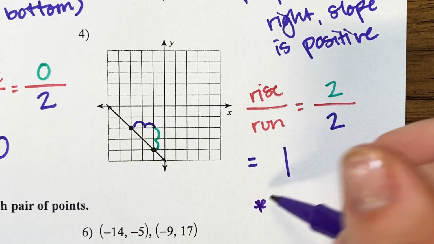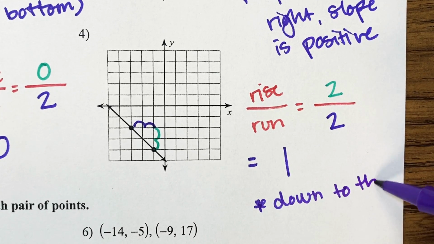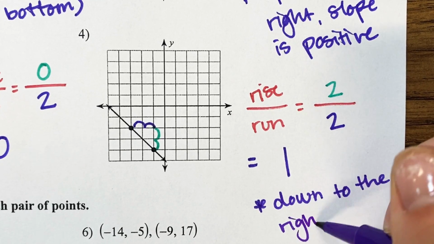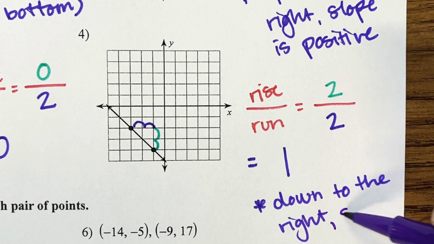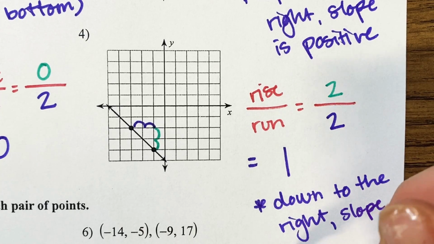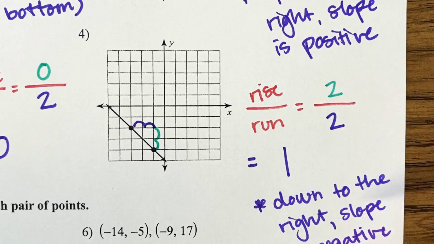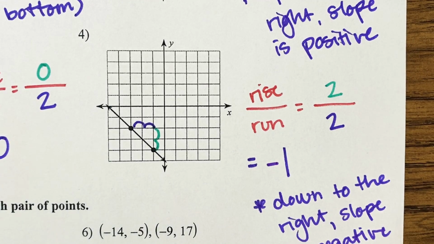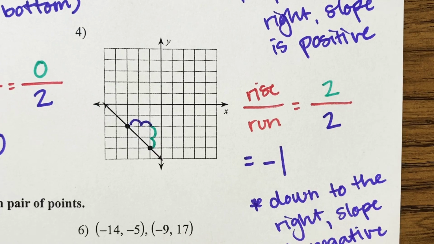Let's make this note on our paper. Down to the right. See how our line is going down to the right? Slope is negative. So this isn't a positive 1, it's a negative 1. Perfect.